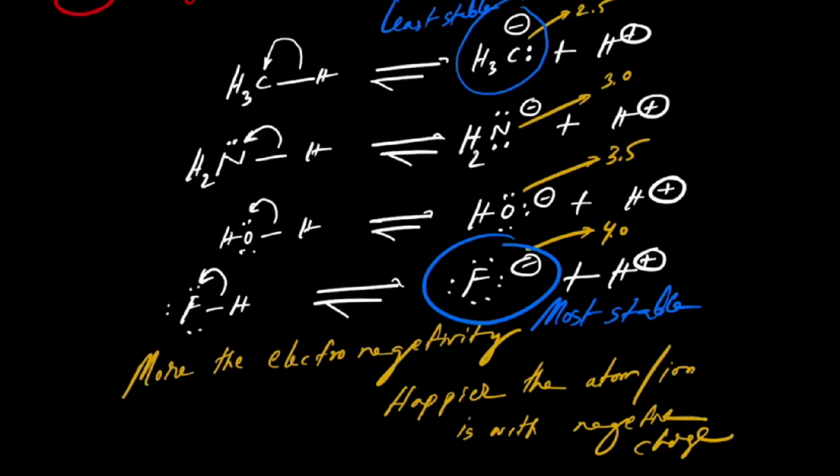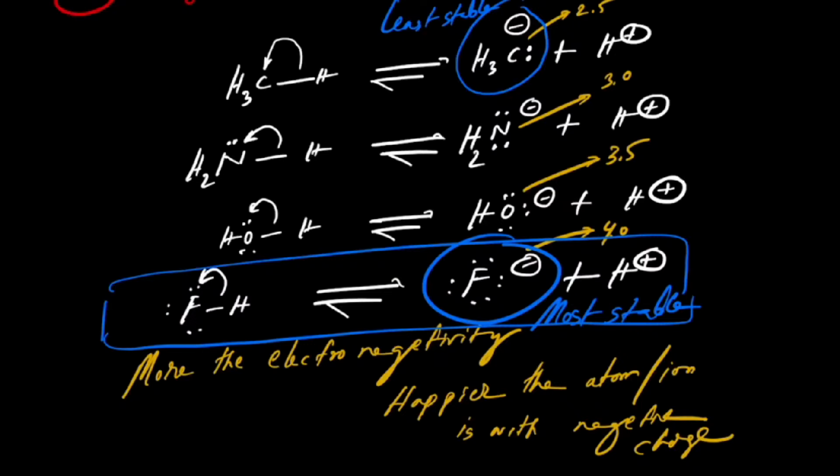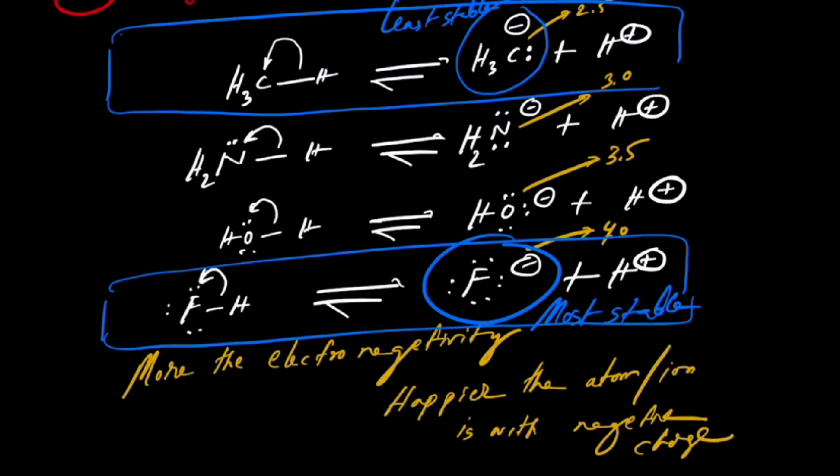Now tell me which equilibrium is most towards right? The last equation. In the last equation, the equilibrium is most towards right because F minus is most stable. In which reaction or chemical equilibrium is it least towards right? In the first reaction, because carbon is not happy with the negative charge.